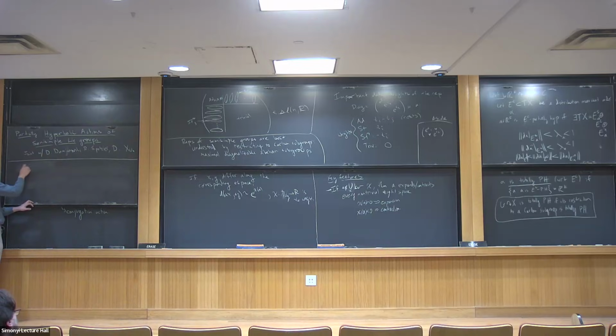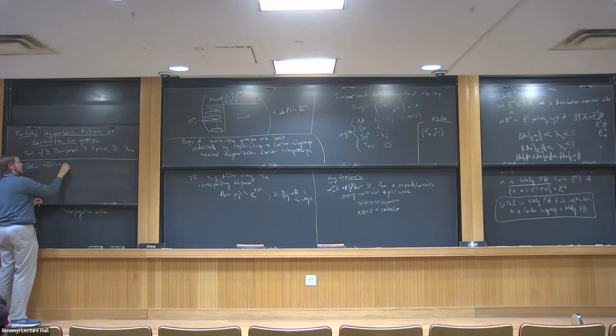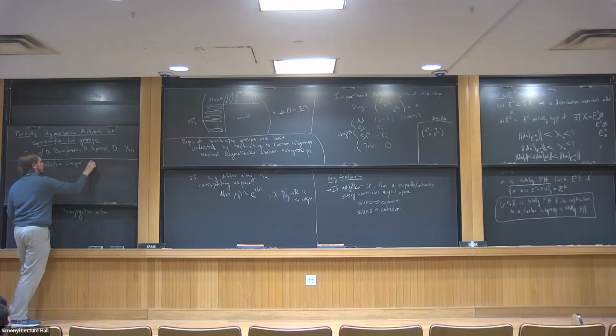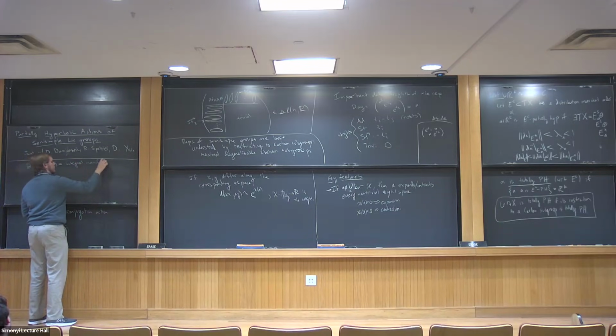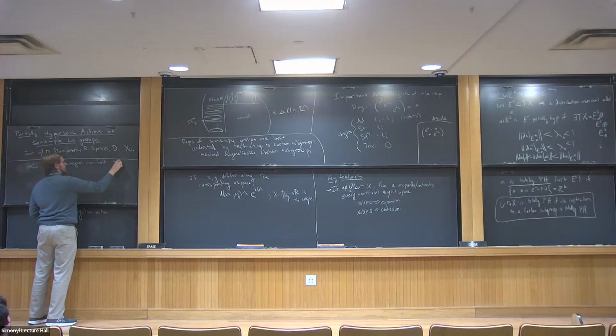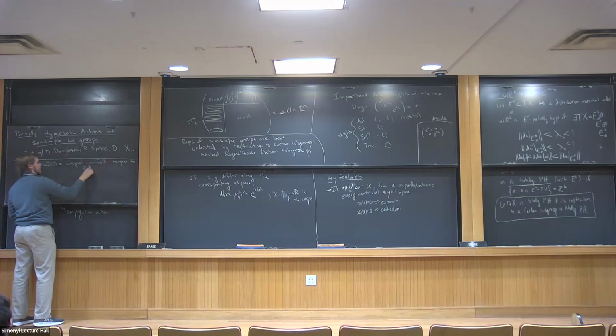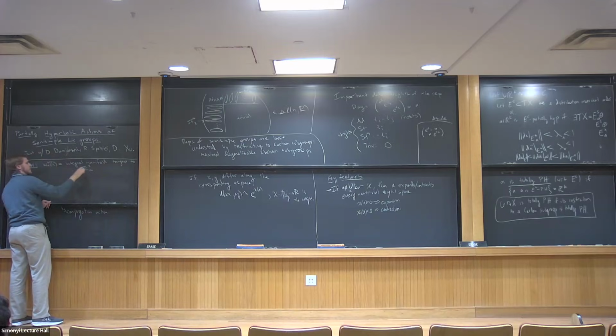So last definition. W^s_A(x) is the integral manifold tangent to E^s_A, and the same for the unstable.